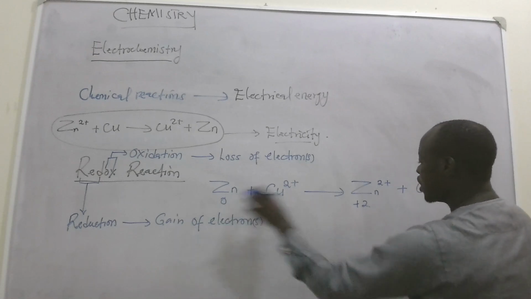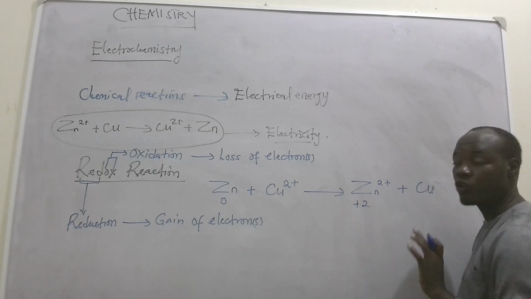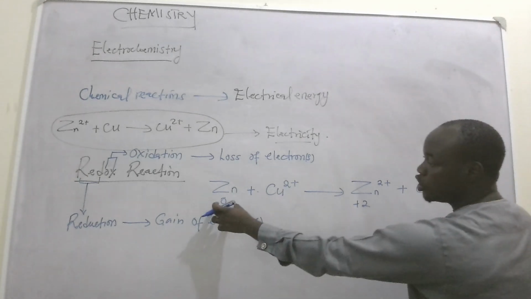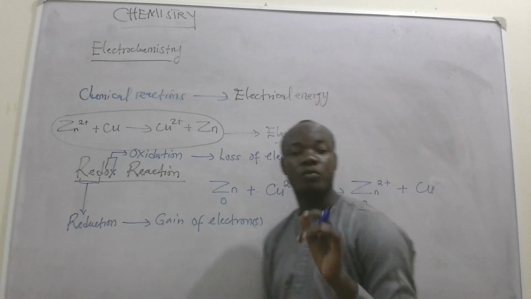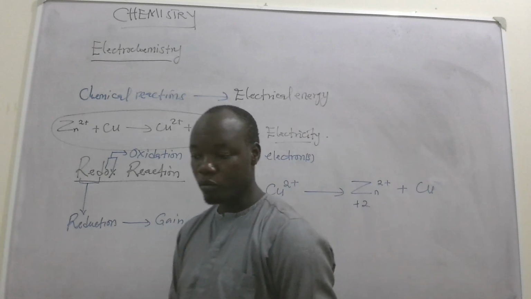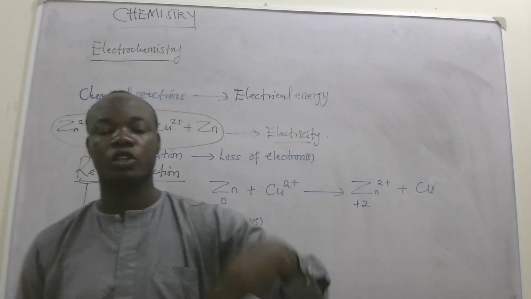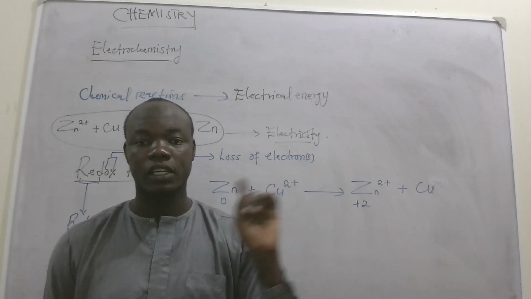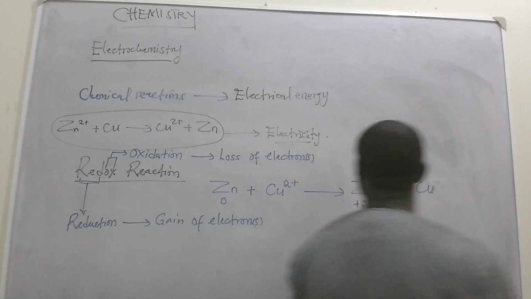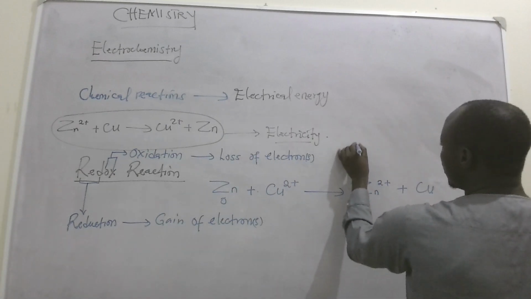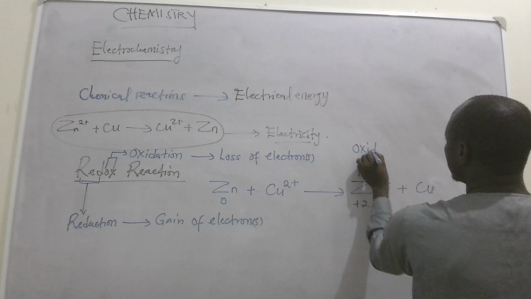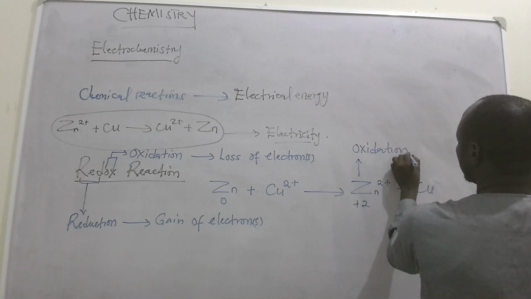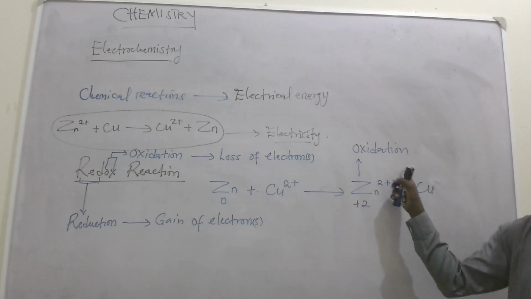So from here to here there is an oxidation, because initially it is neutral, and after it gives out 2 electrons, it becomes zinc 2 plus. So zinc undergoes oxidation.